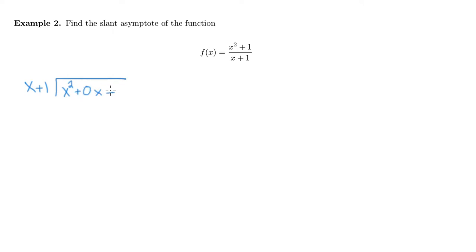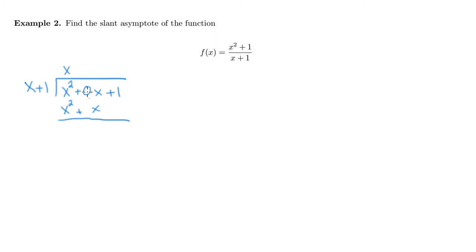And notice here that I'm writing x squared plus 1 as x squared plus 0x plus 1, just like if I divided 10 into 101, I would put 101. Okay, so x goes into x squared x times, so we'll just bring that down, x squared plus x, and then subtract.